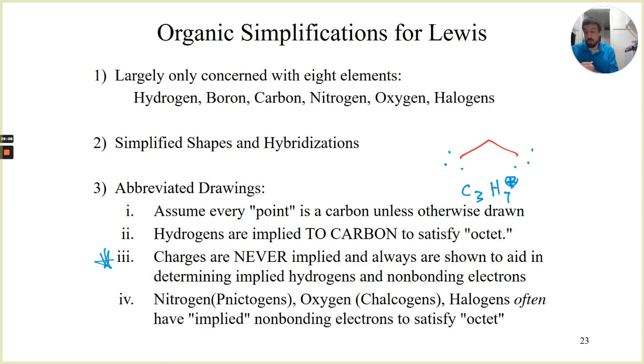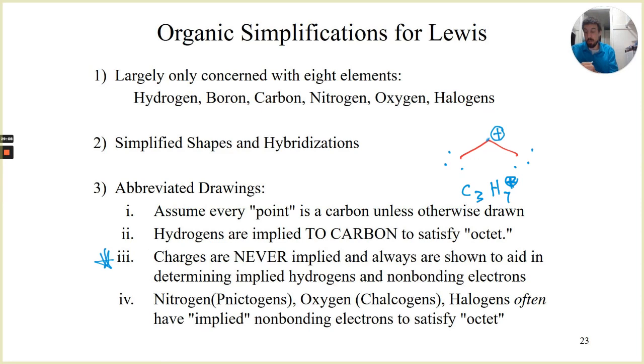I can't just say that carbon is now positive. An implied hydrogen means it could have that hydrogen there. As soon as I put the positive charge on there, I now know that it only has 1 hydrogen. Why? Well, if it's positive, it's missing its octet. It's going to have 2 electrons less than its octet. There's our system. So never imply charges.